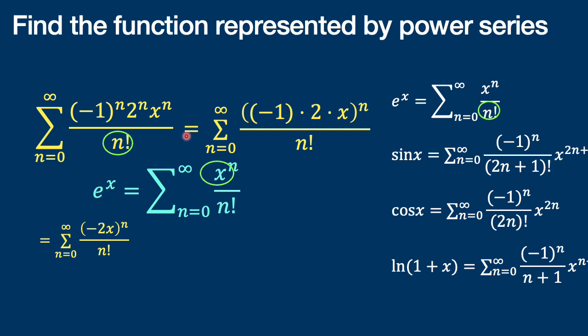Now look at the Maclaurin series for the exponential function. The parenthesis here is negative 2x, where before it was x. So this Maclaurin series represents e to the negative 2x. So now we find the function represented by this power series: it represents e to the negative 2x.